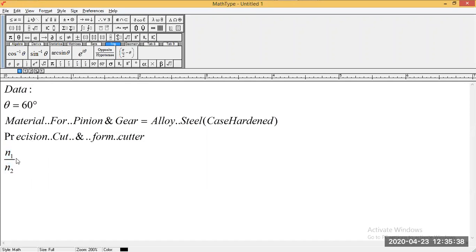So N1 over N2 is 5, which is also equal to Z2 over Z1. Right, so this is our velocity ratio.